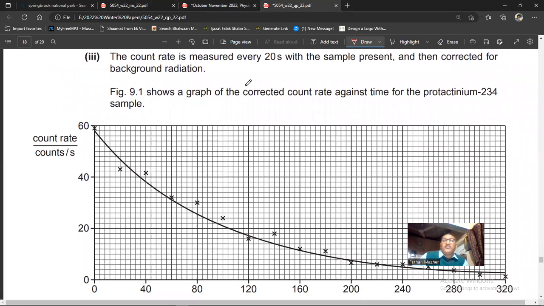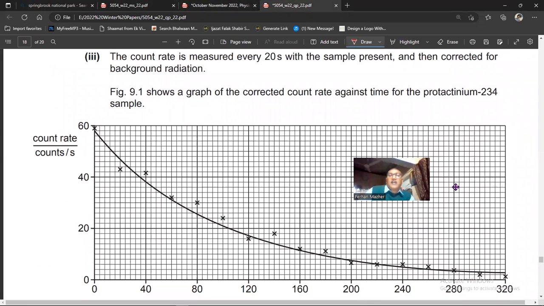The count rate is measured every 20 seconds with the sample present and then corrected for background radiation. Figure 9.2 shows a graph of corrected count rate. This has already been corrected against the time of the protactinium-234.